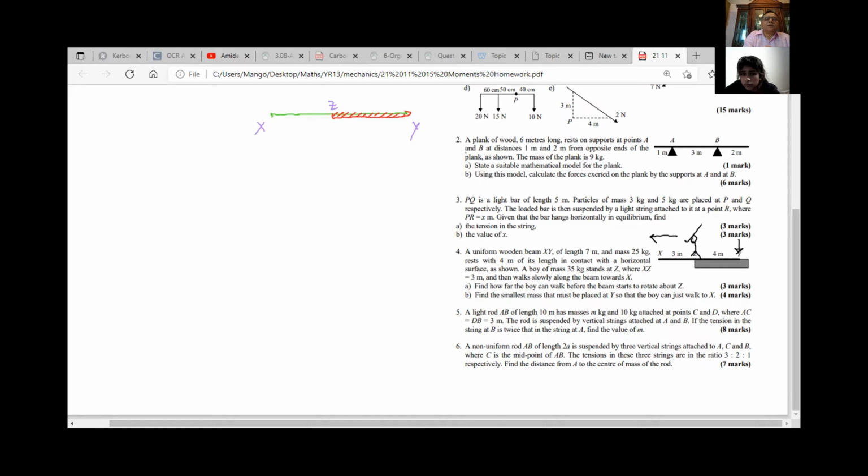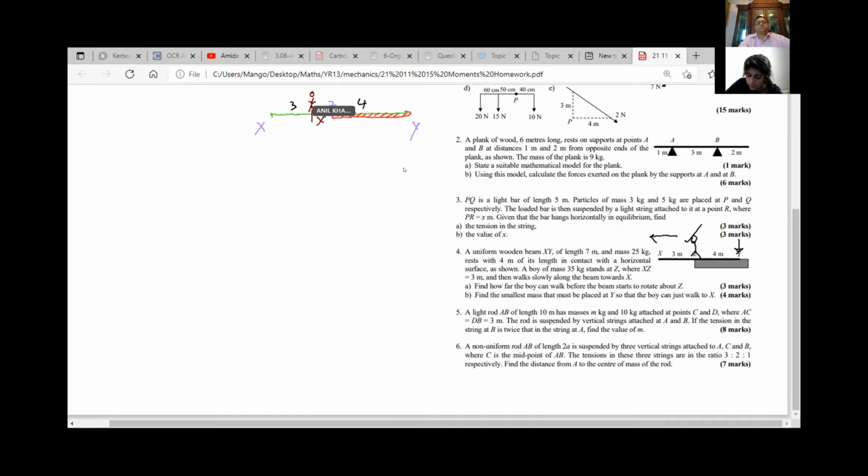So this is 3 and this is 4. We have a boy who starts to walk from Z. Let us assume that before tilting, the boy is able to walk a distance of x.